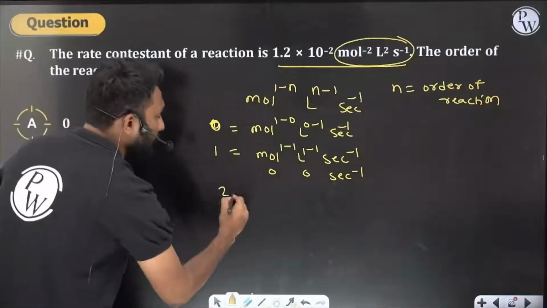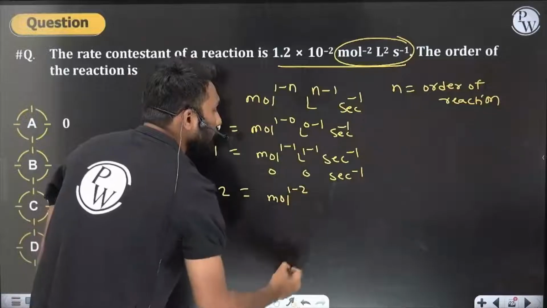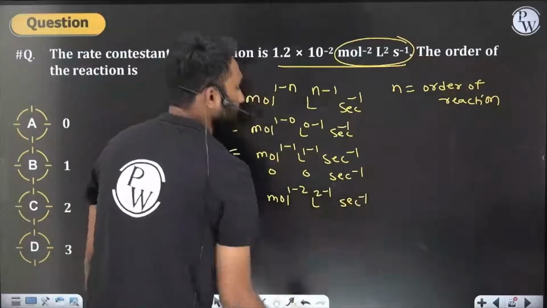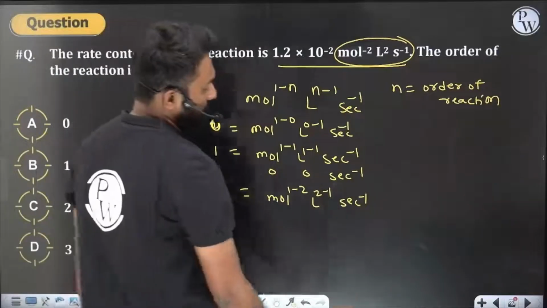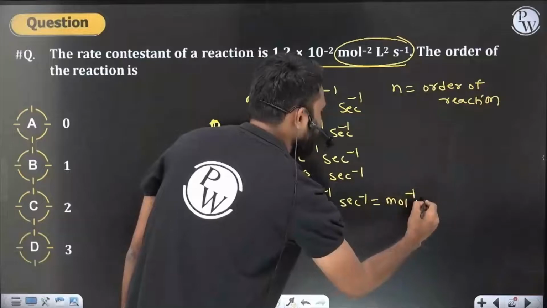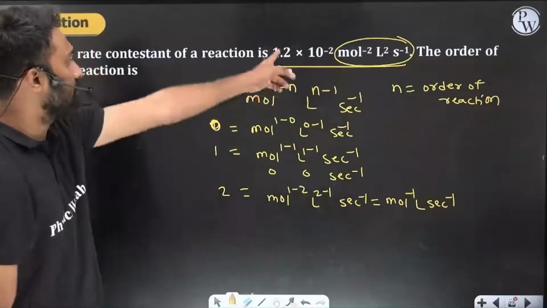Now if it is a second order reaction, mol 1 minus 2, liter 2 minus 1 and second inverse. This will be mol inverse, liter and second inverse. Is it matching with this one? No, right?